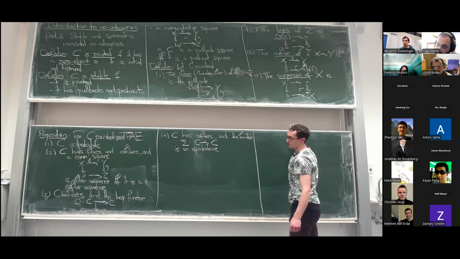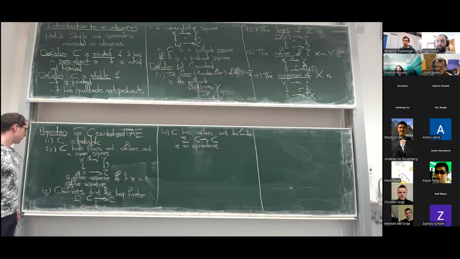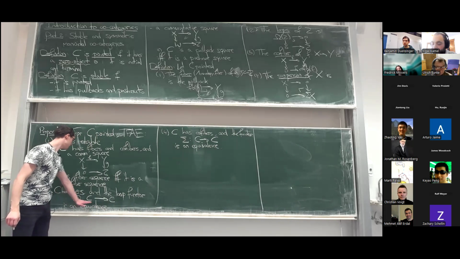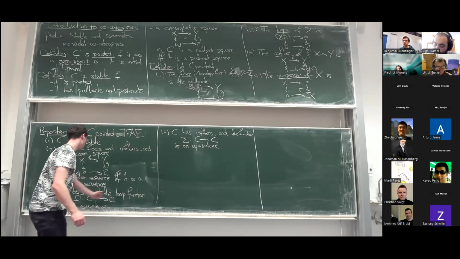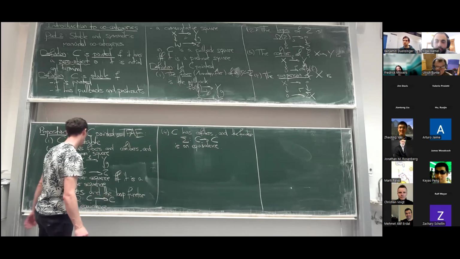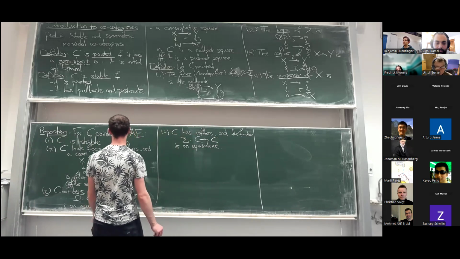In the end, this loop space functor is going to be some kind of shift functor, which is going to be invertible. And then this suspension will be shifting in the other direction.